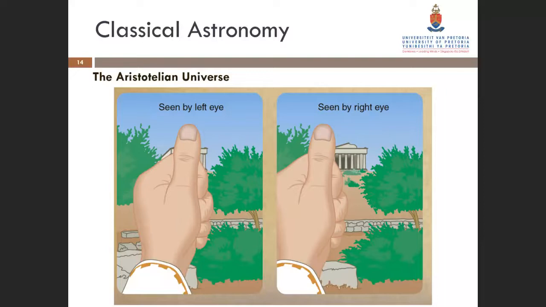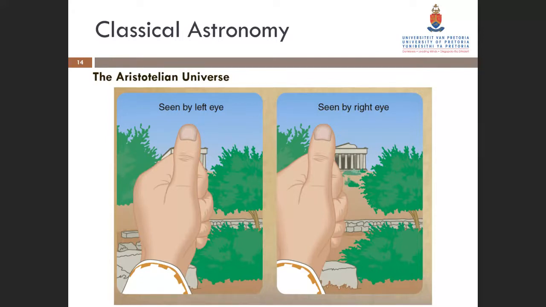So now we are going back to first principles and the Aristotelian universe. So how do you determine the distance of an object in space? In one of our first videos and lectures, we looked at this: if you take your left hand and stretch it out in front of your face, close your right eye and look through the left eye, you block the figure.